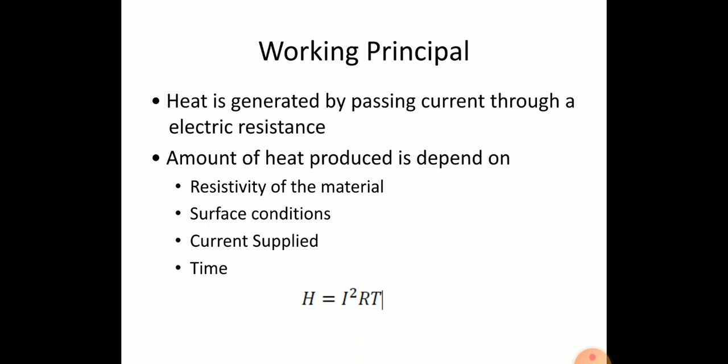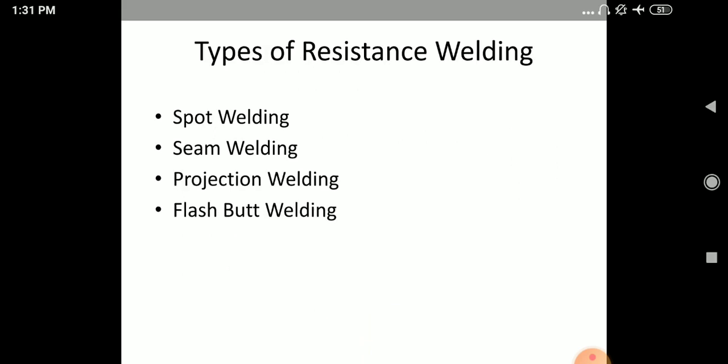The heat generated in resistance welding can be expressed as H = I²RT, where H is the total heat generated in the work in joules, I is the electric current in amperes, T is the time for which the electric current is passed through the joint in seconds, and R is the resistance of the joint. This is the working principle of resistance welding.